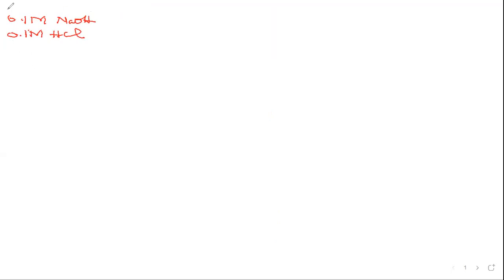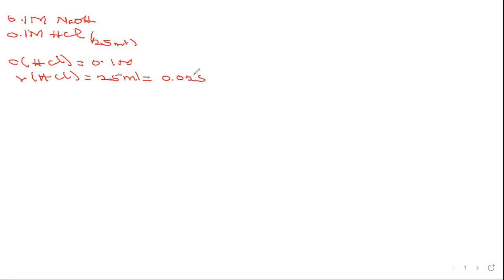Once we have this, let's try and find the moles that are already here. We know that the HCl that was there was 25 mils. Right? So our concentration of the HCl was 0.1 molar. And then our volume of the HCl that was there was 25 mils, which is the same as 0.025 liters.